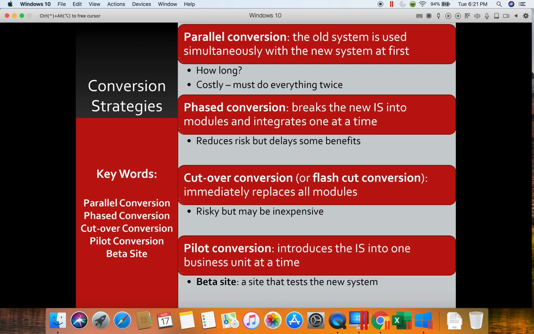For a phased conversion, we're going to break that new information system into segments or modules, and we're going to implement one at a time. So this reduces your risk, but it also delays some of the benefits because you don't have the fully integrated system all working at once.